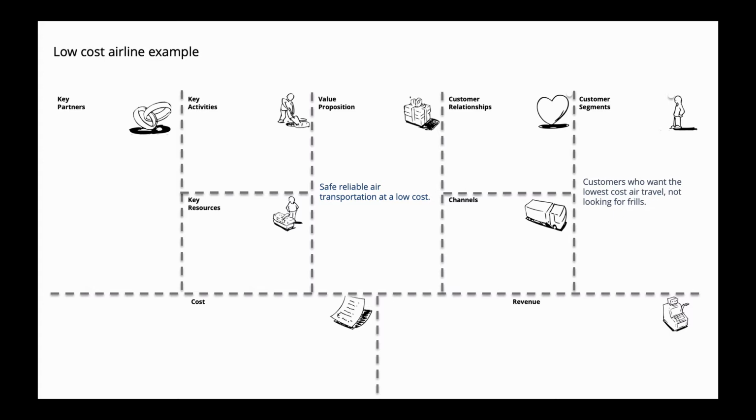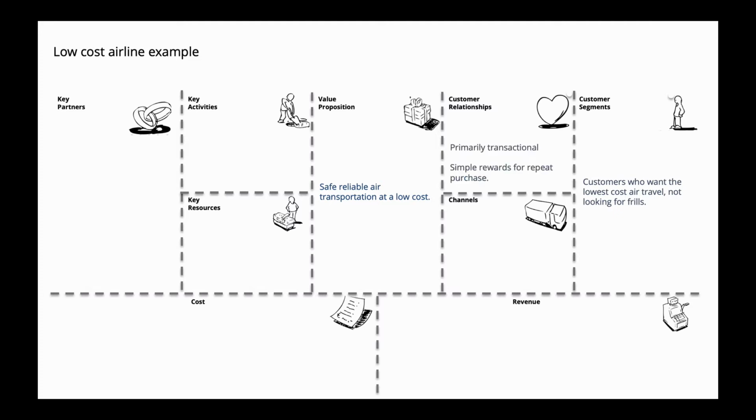Then there's the customer relationship part. How does a low-cost airline manage customer relationships? Well, it's primarily going to be transactional. They're not going to spend a lot of time developing relationships because they just can't afford it. That's not their business model. It's not hold-your-hand, safe, reliable air transportation.